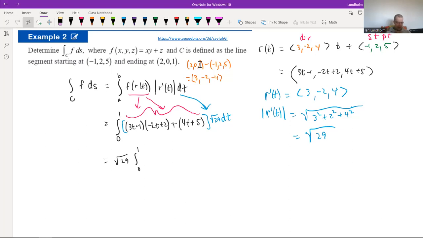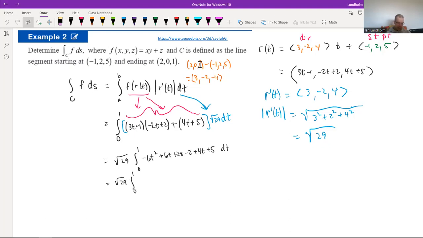We're going to have negative 6t squared plus 6t plus 2t minus 2 plus 4t plus 5 dt, times the square root of 29.